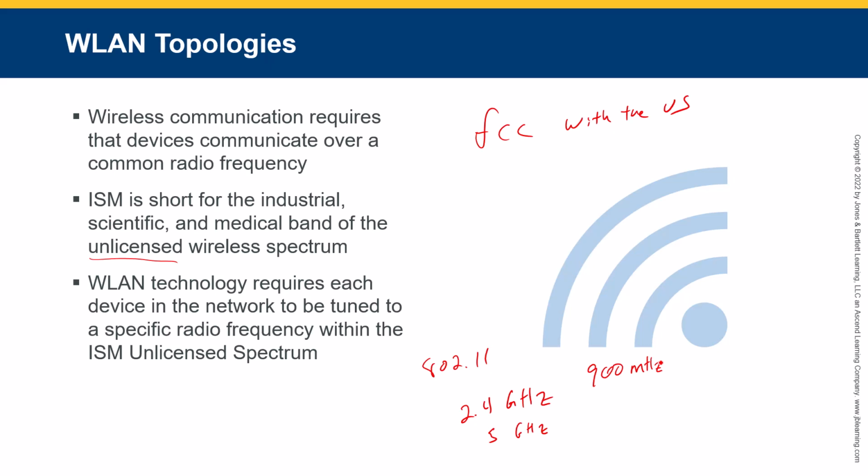So what does this mean? Now, I want you to think about you in the car listening to the radio. You might be listening to 102.7 FM. Well, that should be in megahertz.